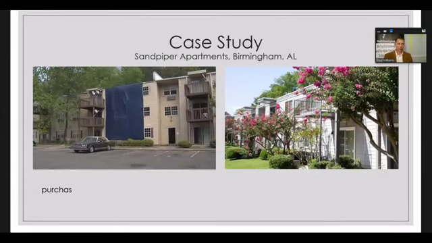There's the before pictures. It had 27 units that were down. And then here's what it looks like today. We've been able to increase the rents, decrease the expenses, and through that renovation loan, raised the value of the entire property. So we raised $2 million to acquire the property.